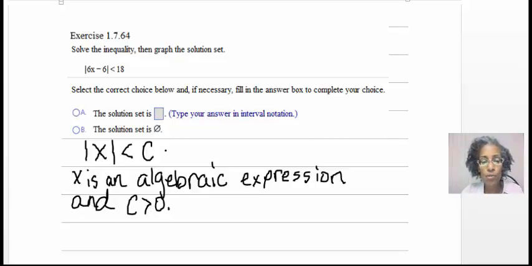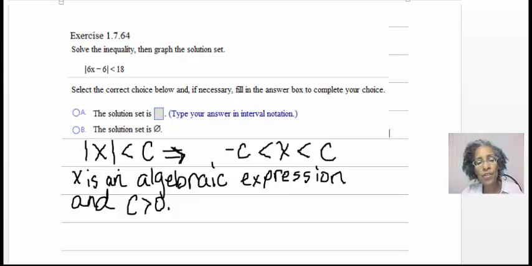So if this is true, then for the absolute value of x to be less than c, that means x has to be bigger than negative c and smaller than positive c.